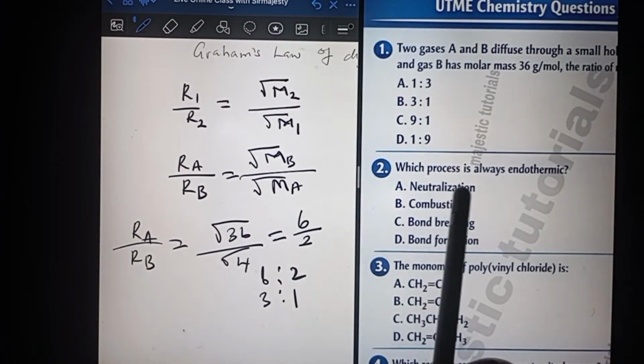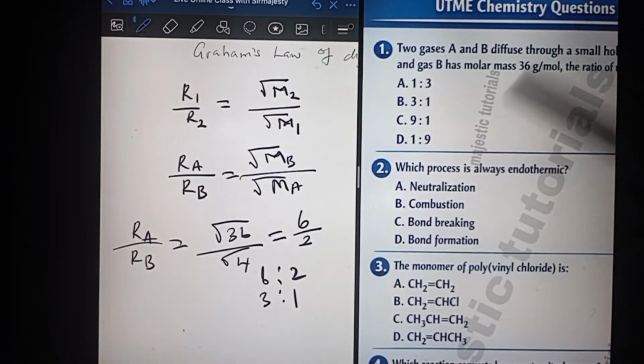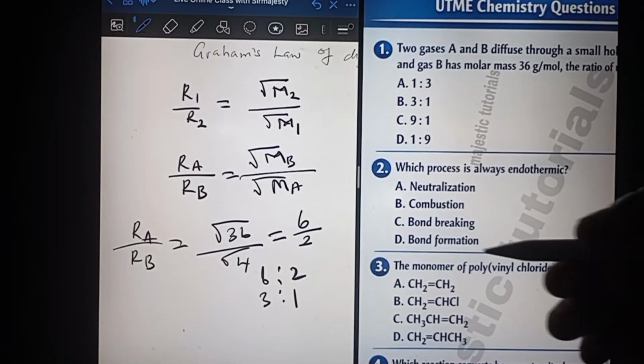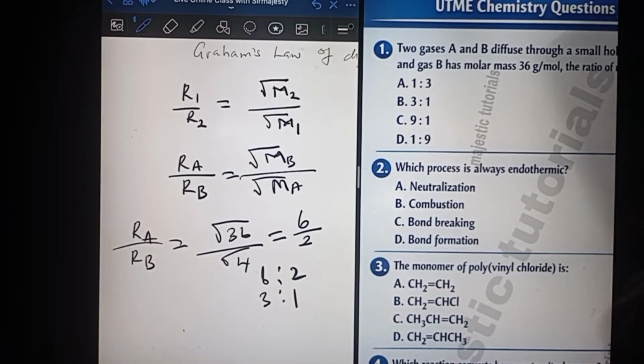Neutralization releases heat, as we know, so neutralization is exothermic. Combustion, of course, burning something releases heat, and any process that releases heat should be exothermic. Then bond formation, when bonds are formed, they release heat. But bond breaking requires energy. For you to break something, you need to add energy to it. You need to apply force.